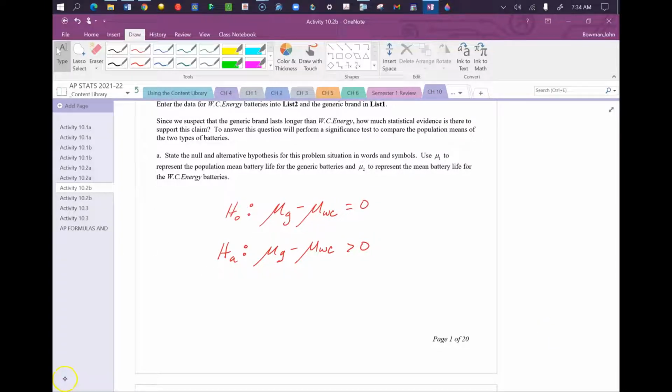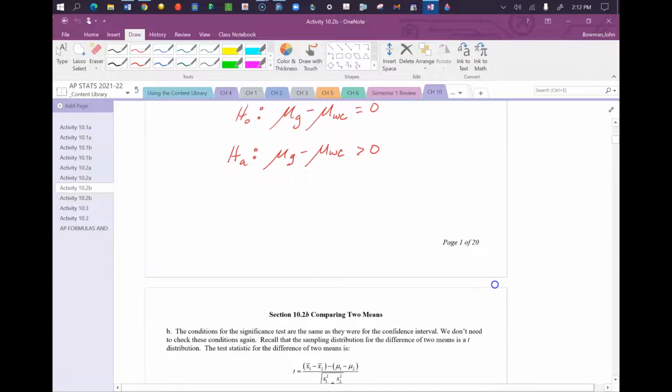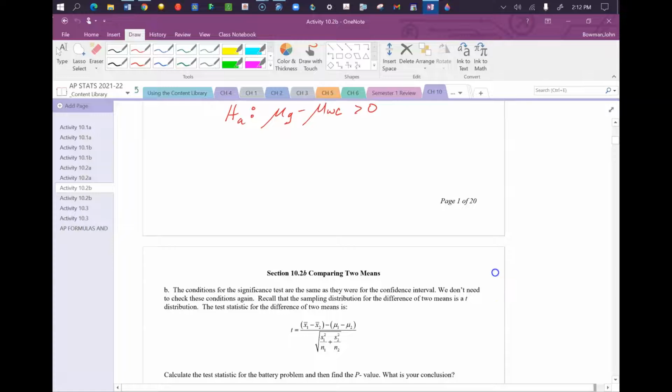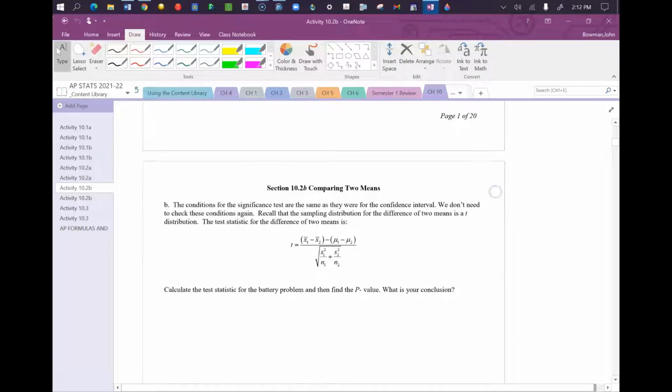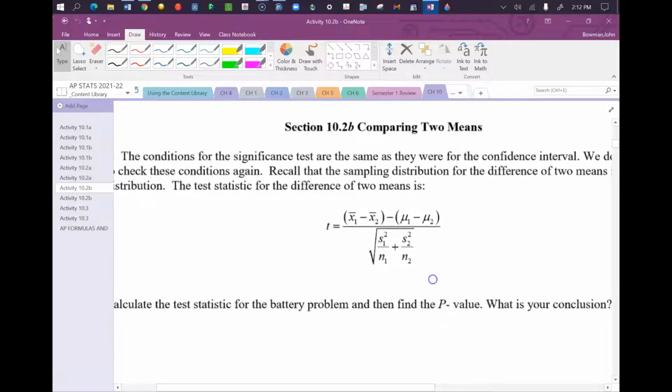The next thing we're going to do for this hypothesis test for the difference in the means is to calculate the test statistic. It looks like this: we take the difference in our sample means minus the difference in our hypothesized means, over the standard error.